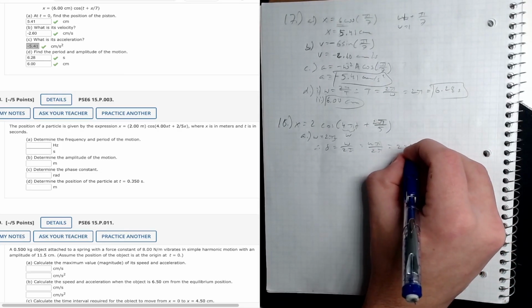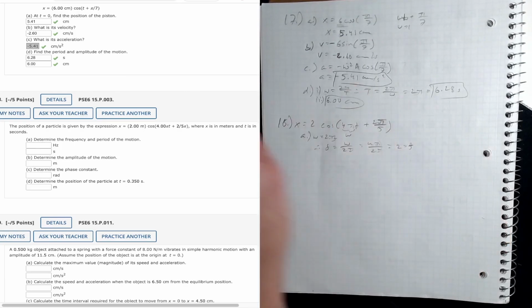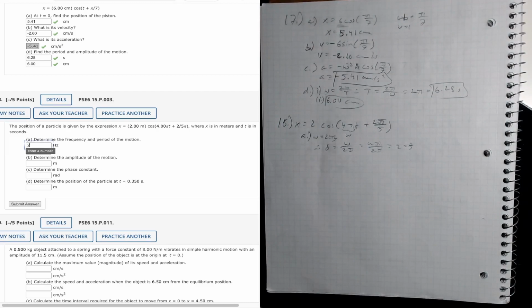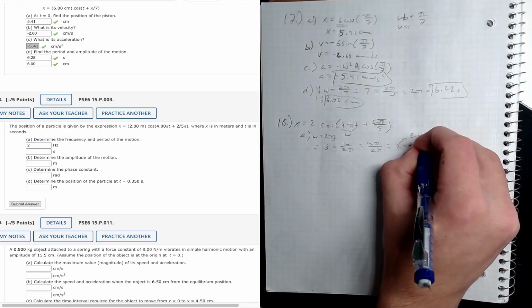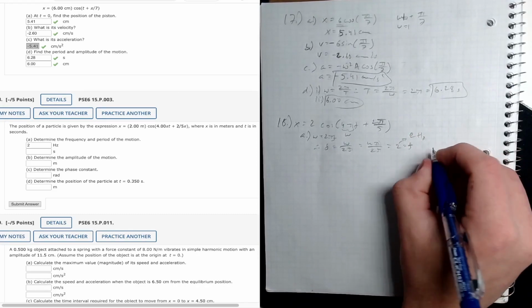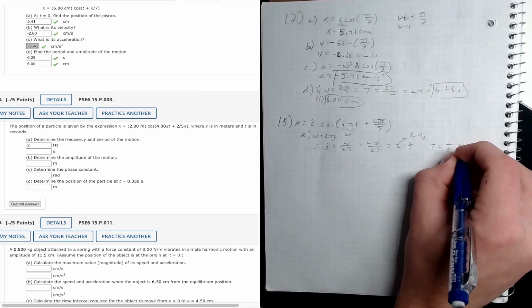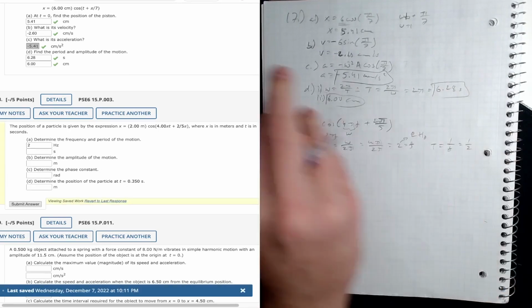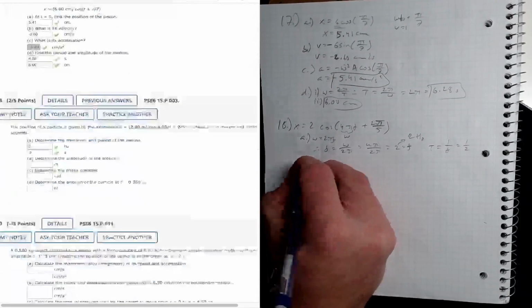That'll be the frequency of this function. Frequency is 2 hertz. We know that the period is 1 over frequency, which is 1 over 2, so I'll just do 0.5 here. That should be the answer to part A for that one.